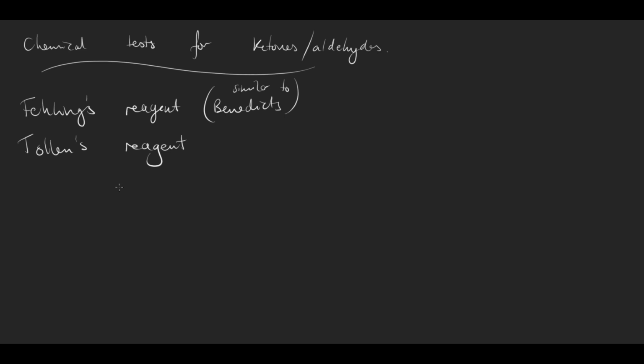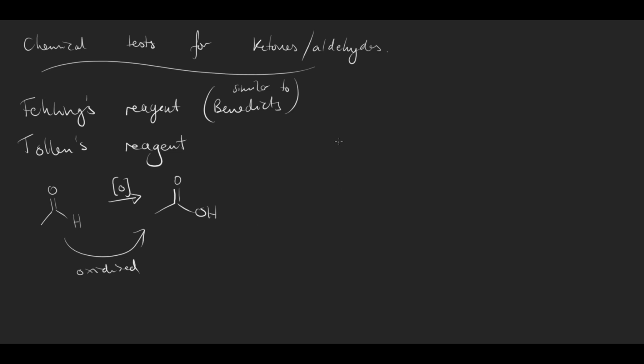So if you imagine that I've got an aldehyde, this can be oxidized, as we know, to the equivalent carboxylic acid. So if the aldehyde can be oxidized, what's happening to the electrons?